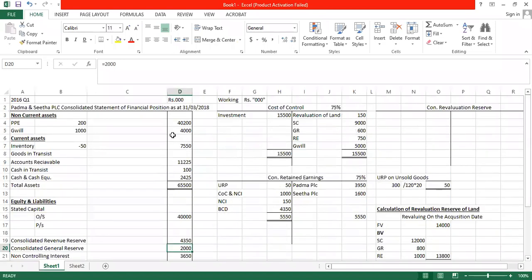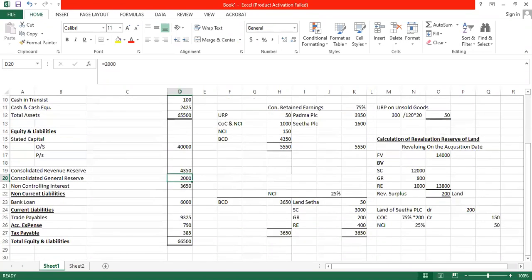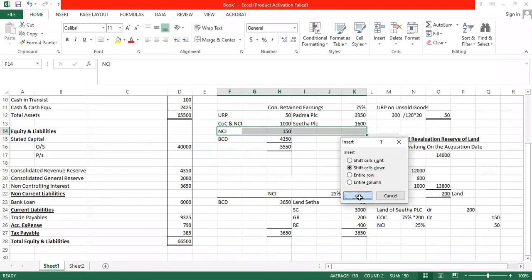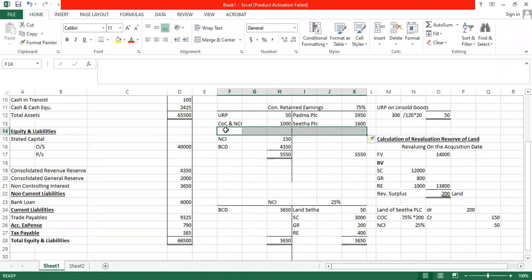So for goodwill, the double entry, we couldn't put that. Goodwill impaired by 1,000. The double entry is goodwill credit. It's a loss. Therefore, we have to debit it to our consolidated retained earnings. Yeah, that was missed, you have to include that.